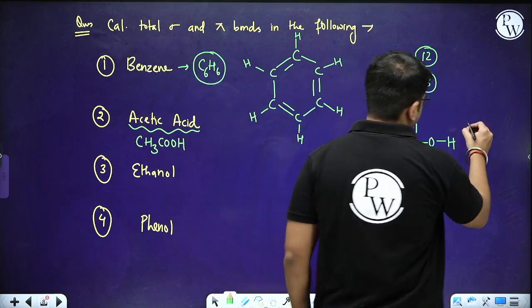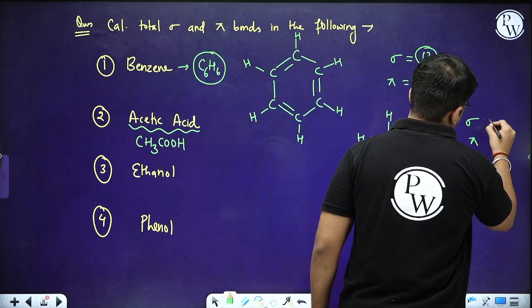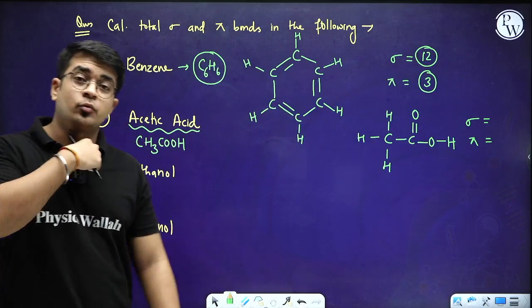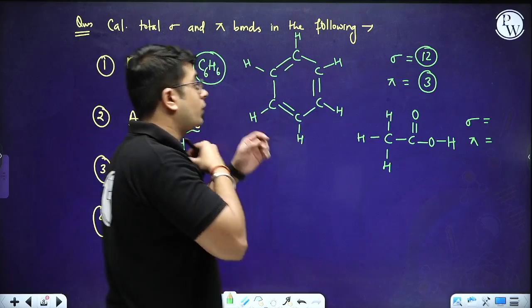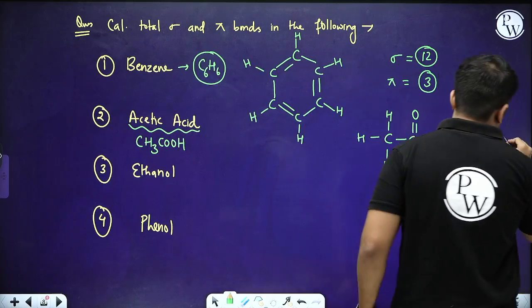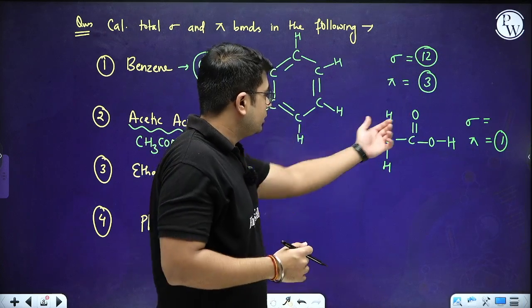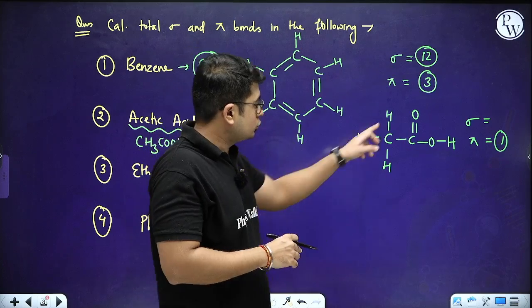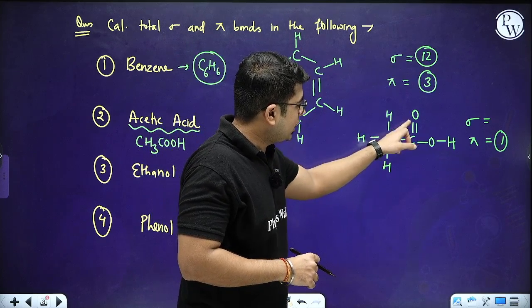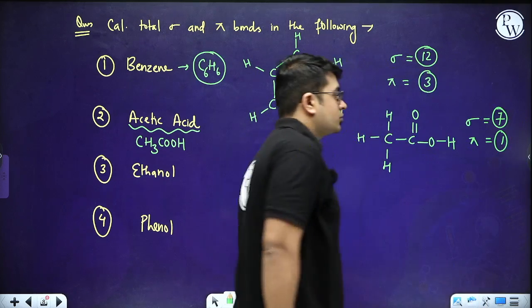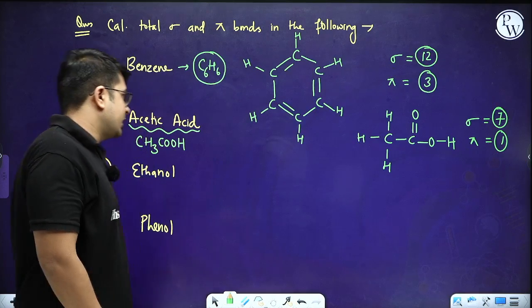In this case, you can again calculate total sigma as well as pi bonds. As I can see, only one multiple bond is there. If one multiple bond is there, you can say total one pi bond is present. Now calculate the total number of sigma bonds in this particular case. So 1, 2, 3, 4, 5, 6 and 7. So total 7 sigma bonds are present in case of acetic acid.